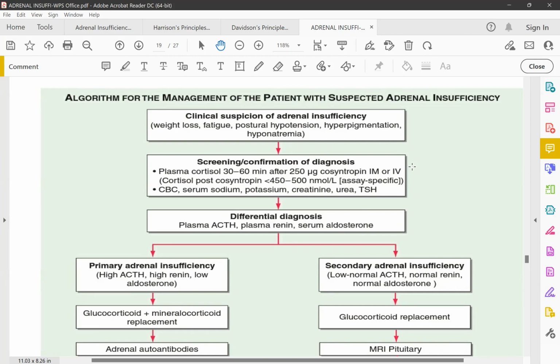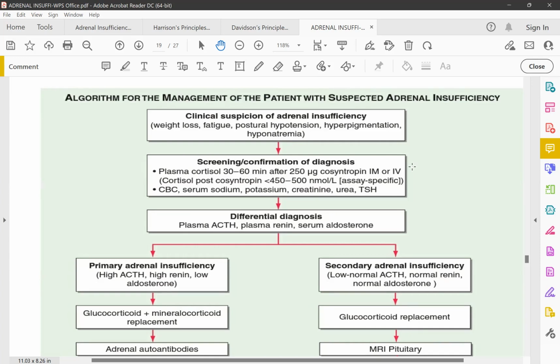This is given either IM or IV. If you give IV, you measure after 30 minutes. If you give IM, you measure after 60 minutes. That is the difference. If cortisol post-cosyntropin is less than 450 to 500, that means in spite of giving exogenous ACTH stimulation, the gland has not responded. Then there is some adrenal insufficiency going on.